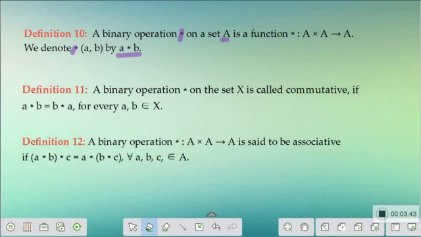We have already learned those properties for the set of natural numbers, whole numbers, real numbers, all those things in our earlier classes. Now let's see whether the binary operation, what we have learned now, is commutative or associative, all those things. Let's see the definitions and try to understand whether it is satisfying those properties or not.